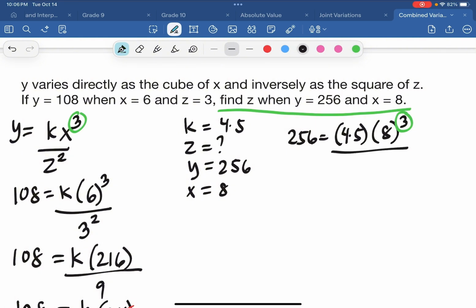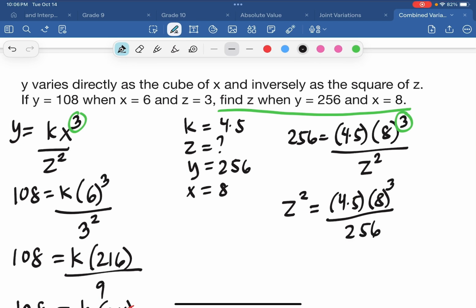Over z squared, we're looking for z. So we could cross multiply or switch. So we can have z squared is equal to 4.5 times 8 cube over 256.